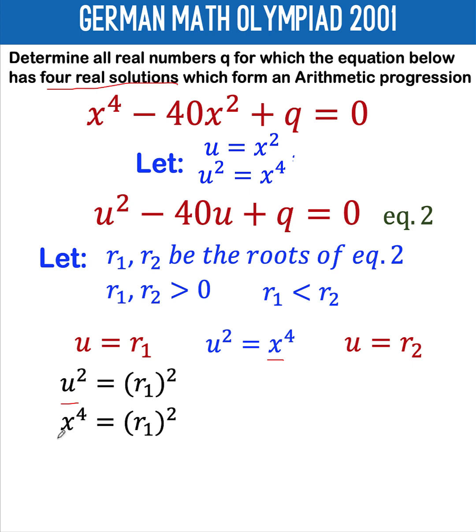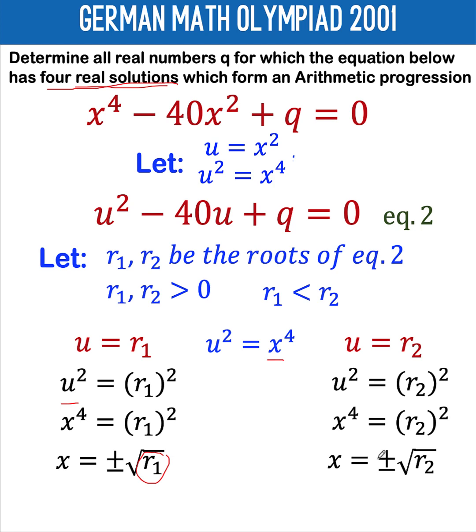And solving for x, x is plus or minus the square root of r sub 1. It's important that this r sub 1 be positive, otherwise we'll have a negative number inside the radical symbol, and that will violate the condition that the roots be real numbers. The same explanation applies for r sub 2. Here x is equal to plus or minus the square root of r sub 2. This r sub 2 must also be positive.